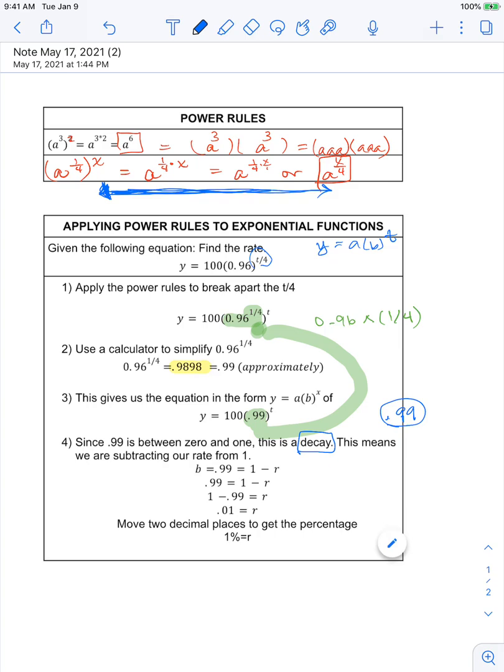So I'm going to say that if my b is 0.99 and my 0.99 is the same as saying 1 minus some rate, I can figure out what my rate is. Okay, so 1 minus my 0.99 is going to end up being my rate, and I get that it's 0.01. And when I'm doing rate, I need to turn it back into a decimal, so I'm going to move this 2 places, and that's going to give me my 1% decay.